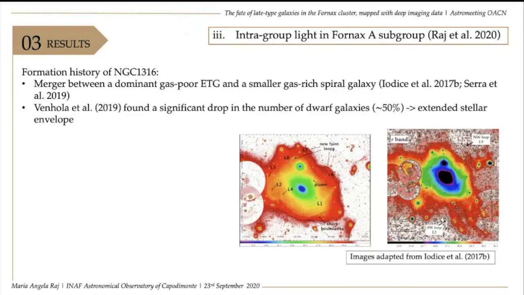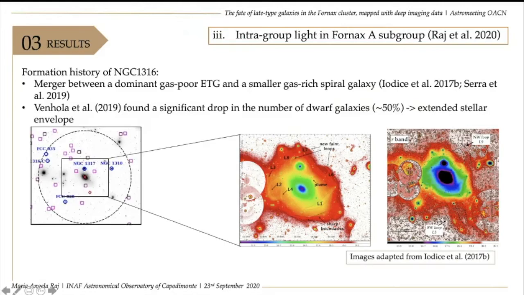That happened through a merger between a dominant gas-poor ETG and a smaller gas-rich spiral galaxy. These famous loops are also shown here, just to remind you where they are. And within that circle, in this region, Venhola and collaborators found a significant drop in the number of dwarf galaxies, which also contributes to the extended stellar envelope.